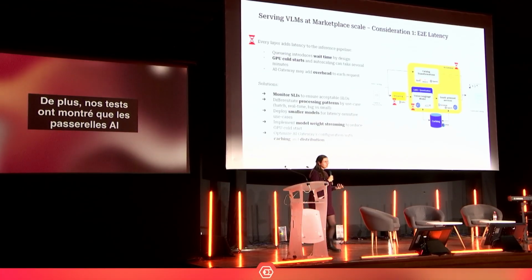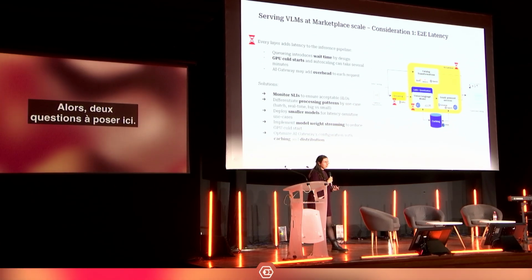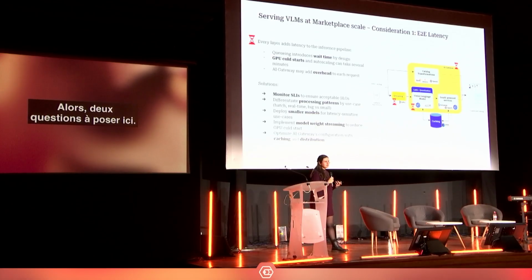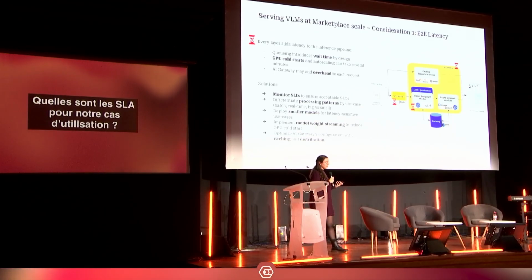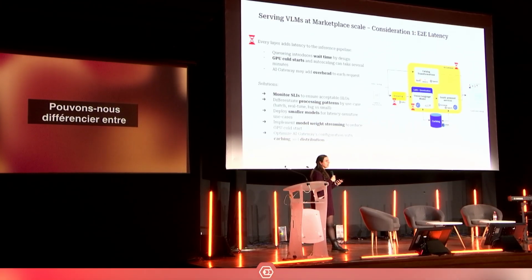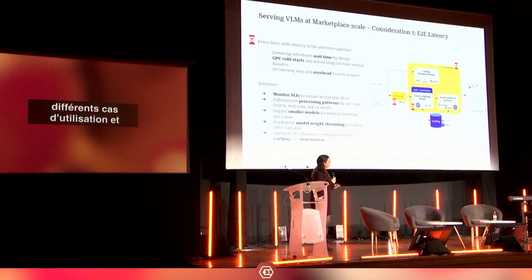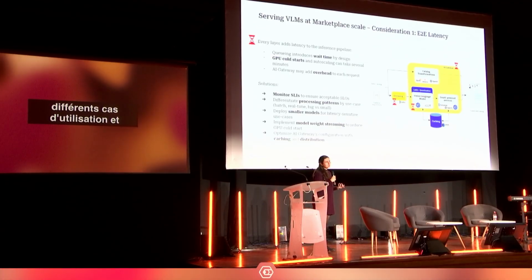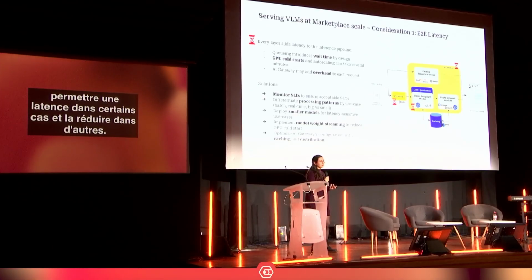So two questions to ask here. What are the SLAs for our use case? Are there any trade-offs that we can make? Can we differentiate between different use cases and allow for latency in some and reduce latency in others? This can help us find the best solution for our use case, and definitely there's no one response to every problem.